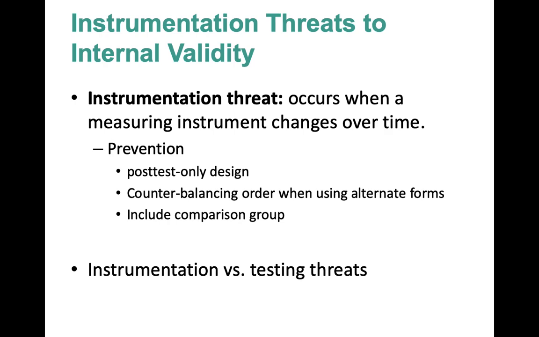Okay, how to prevent? You can just use the post-test only. Okay, so in that case, any improvement of observers in being more skilled in recognizing behavior, that's addressed. Whether the two forms of a test are equivalent, that's addressed. So you could just use the post-test only. Alternative, let's go back to the mindfulness study. If there was some concern that your two sets of problems were non-equivalent, you can counterbalance the order.